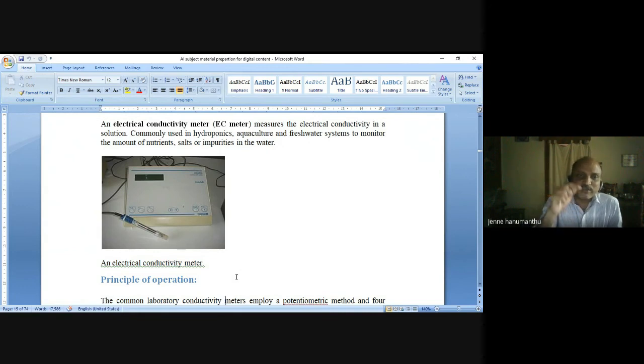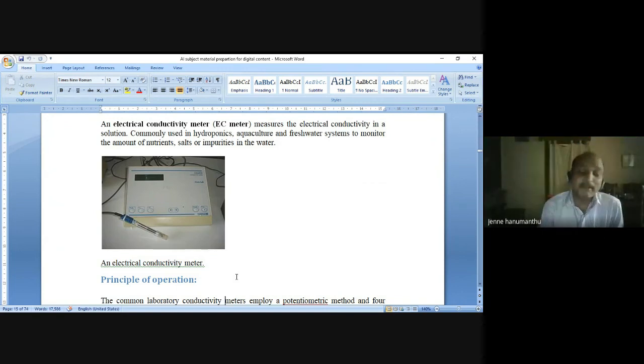When the light falls on the sample, there will be three processes going on. What are the three processes? When the light falls on the sample, the light may be absorbed by the material. That is one case.